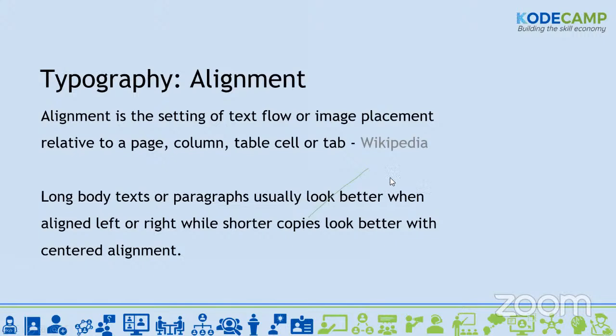So alignment is the setting of text flow or image placement relative to a page, column, table, cell, or tab. It's from Wikipedia. So actually grid helps a lot with alignment. I know we've actually talked about layout grid, and I need you guys to understand that it is very, very important in your alignment.